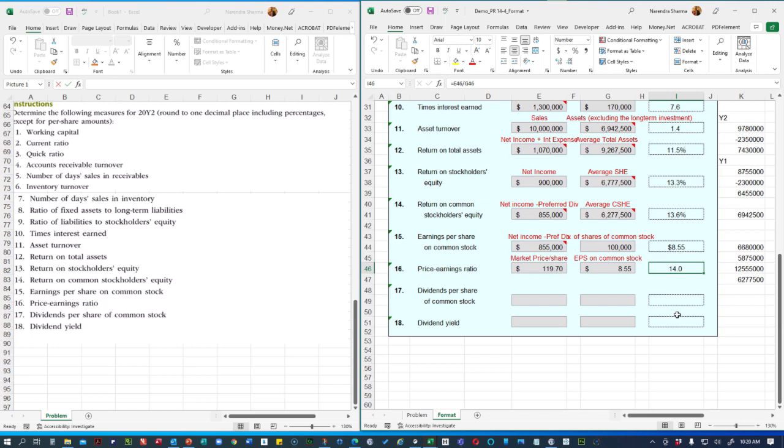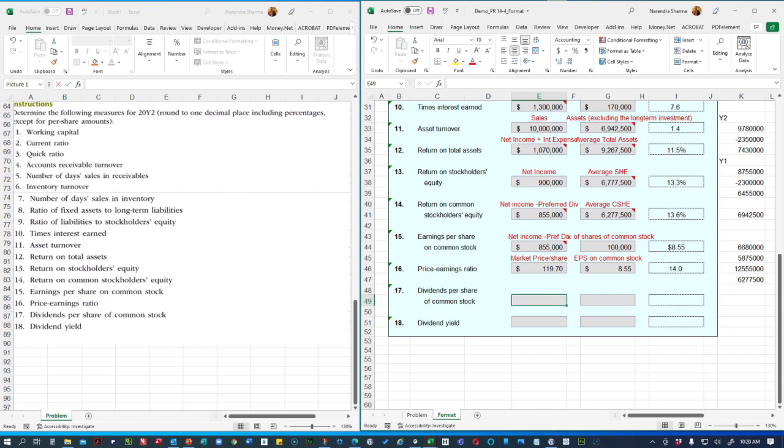So if you are an investor, do you want to invest in that company or not? That depends. What you will do is a comparative study of another company and see if I can invest less amount of money but get the same return. So that is about number 16.